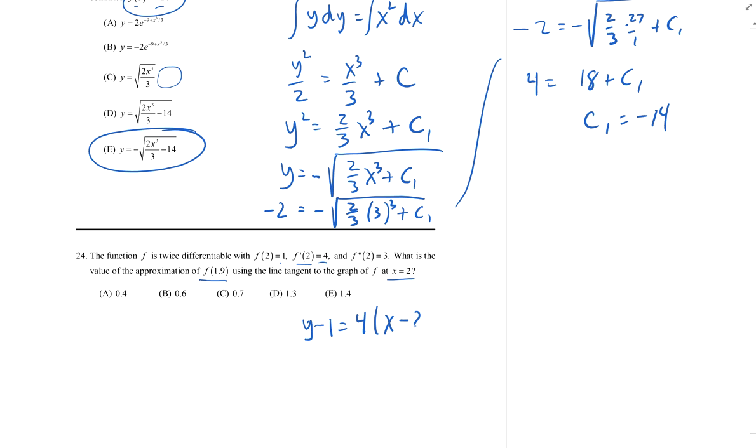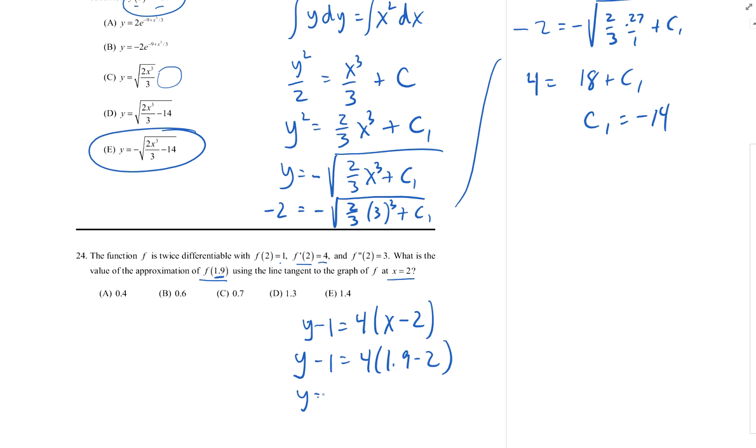times x minus 2. This is a great question to see if you really get what's going on. So this is the equation of the tangent line. Now I want to know the approximation for f of 1.9. Well, x is 1.9, so let's plug it in there. y minus 1 equals 4 times 1.9 minus 2. Oh my gosh, I don't have a calculator.